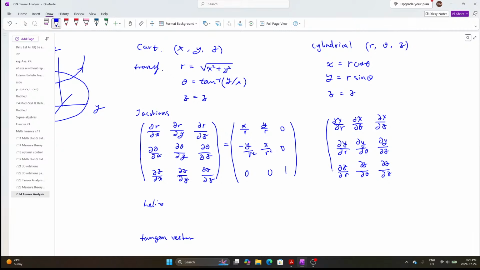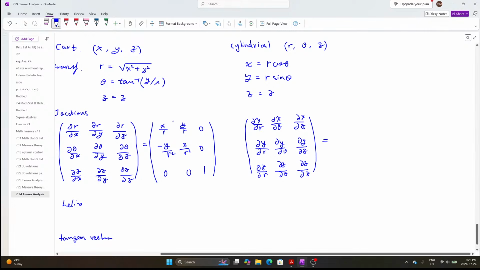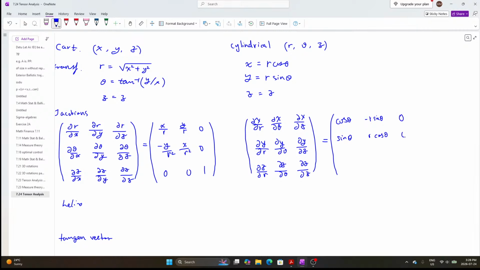That's the 3×3 matrix. Keep going. The upper 2×2 block is the same as we did earlier, so this is cosine theta, minus r sine theta, sine theta, r cosine theta, 0, 0, 0, 0, 1. That's it.